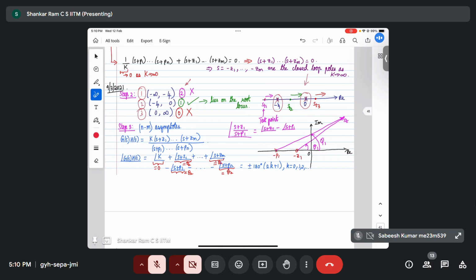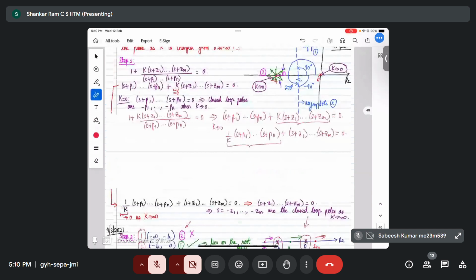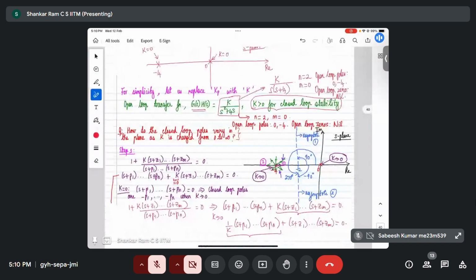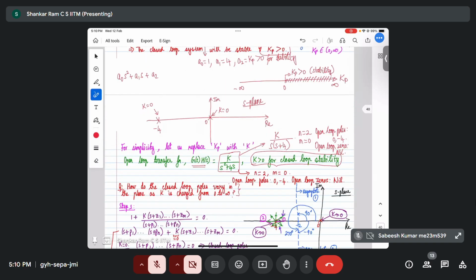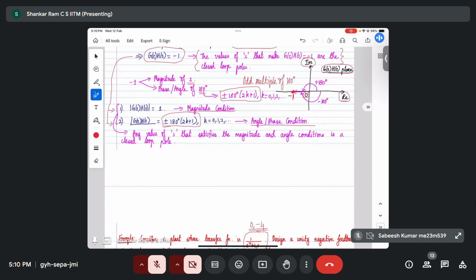Why did we have a criterion that the total number of real open loop poles and real open loop zeros should be odd? That is because of the angle condition. If you recollect, what was the angle condition? Any point for which the phase of the open loop transfer function is an odd multiple of pi is on the root locus.